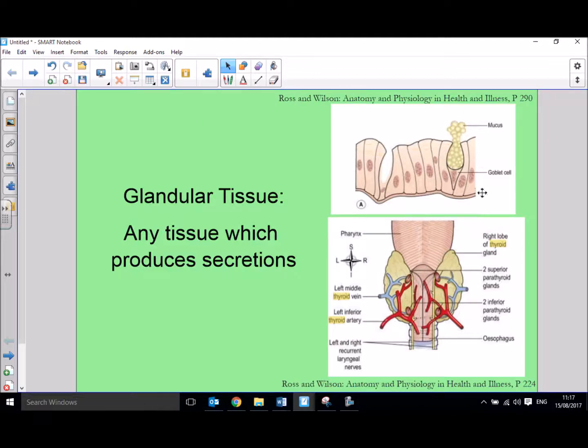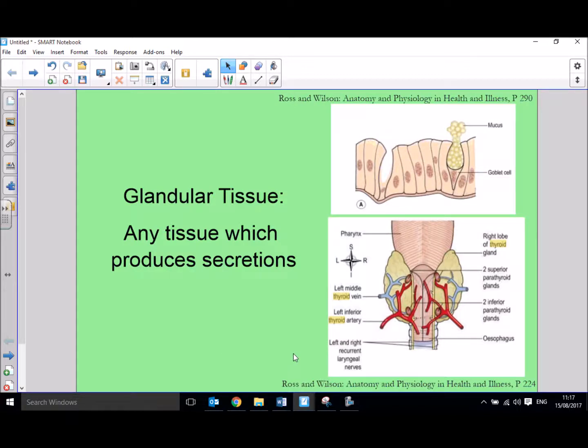So a good example of just one cell on its own is a goblet cell, and that's something you should have come across already when you've read about epithelium. And we'll certainly talk about it more when we look at mucous membranes next session. And that's just one cell on its own that produces a liquid type secretion in the form of mucus that is expelled into a cavity.